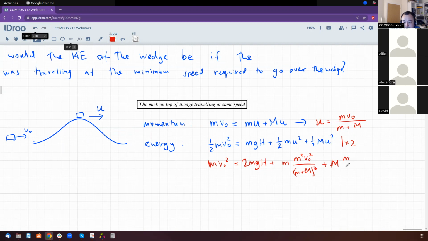What am I doing? We can combine the two. You can see that this is m plus M, so these two can be combined together. So it's (m plus M) multiplied by m squared v0 squared divided by (m plus M) squared.